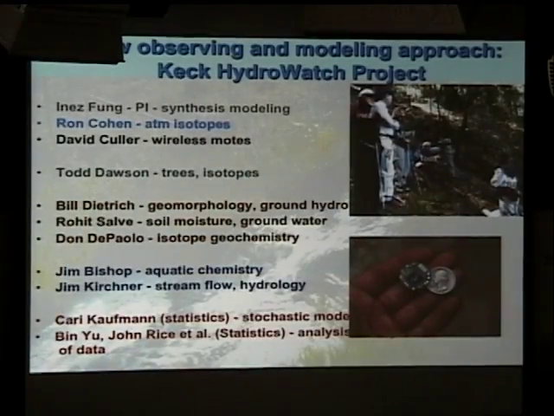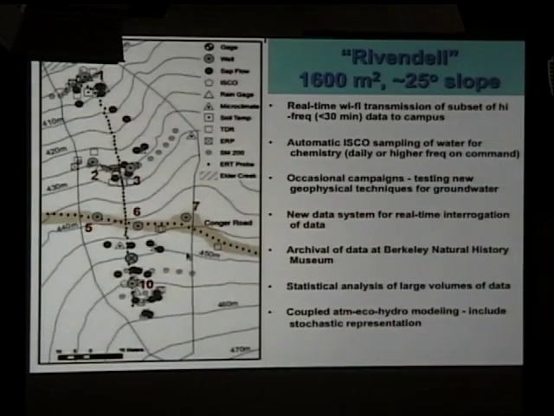So we have a new program where we go out in Northern California, and we have a very small site that we have instrumented, including the atmosphere. We drilled about 15 wells all the way down, and we have put sap flow sensors in the tree, so we know whether the tree is putting water up or down.